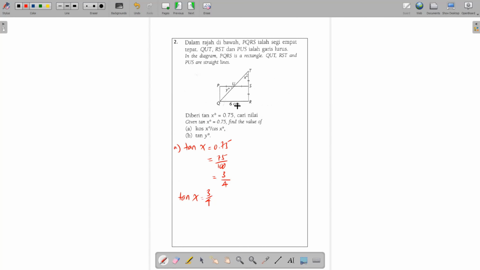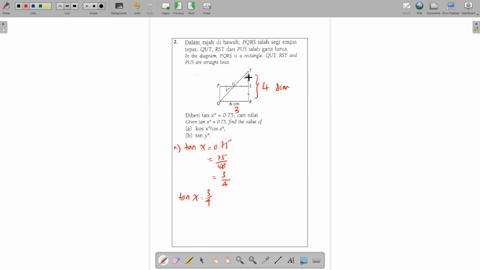So here is 3. This whole stretch here is 4. So we can see here 3 gets 6, so 4, the whole thing will be 8 centimeter. Now what they want you to find is cos x.